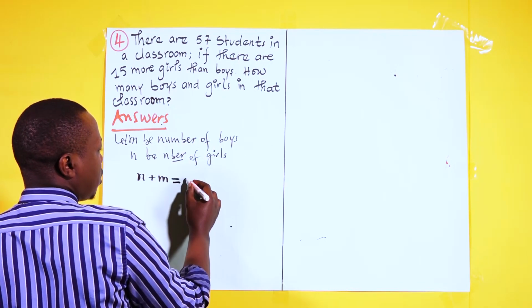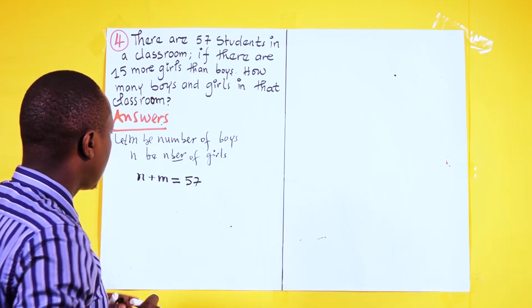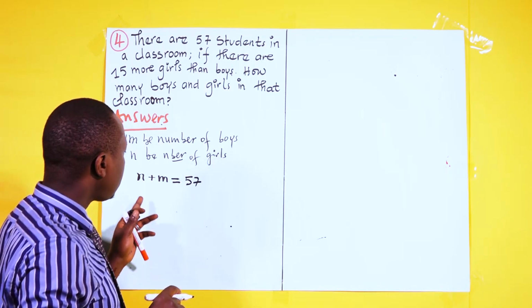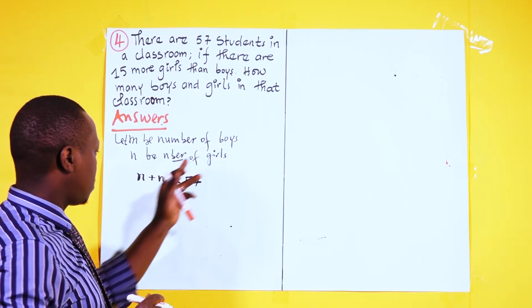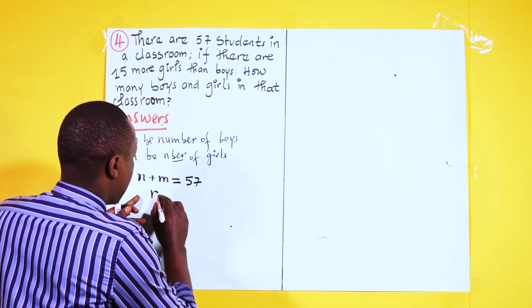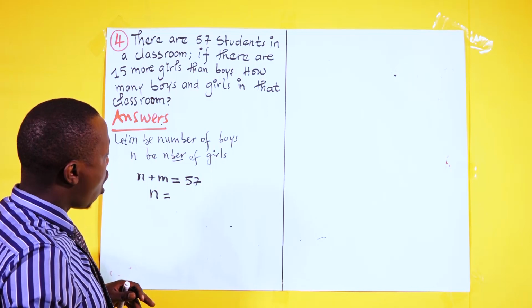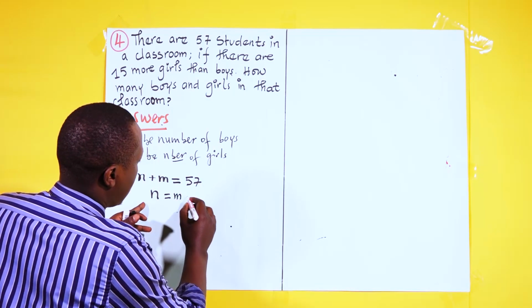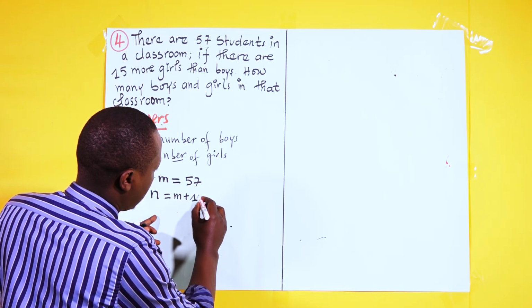This is equal to how much? This is equal to 57. And then, remember, n is number of girls. It means n equals to number of boys m plus what? Plus 15. Right?